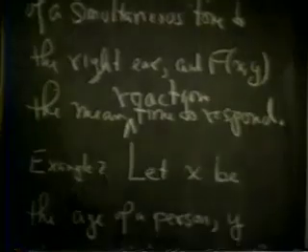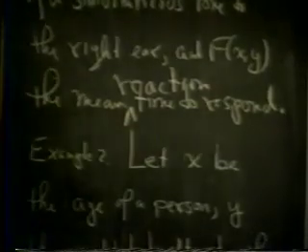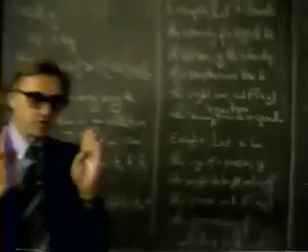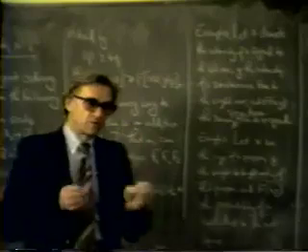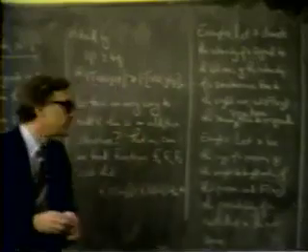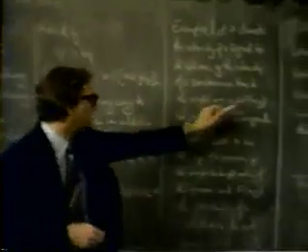And let us denote by F of XY the mean reaction time to respond to that signal complex, so that the subject is sitting and waiting to respond. Simultaneously, tones come to the left and the right ear, and he is to respond as rapidly as possible, and F of XY is the mean reaction time. So everything is numerical there.